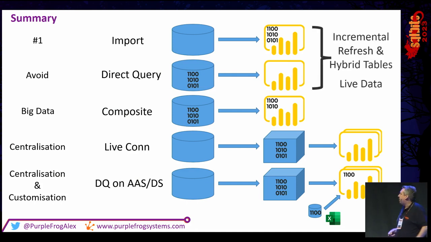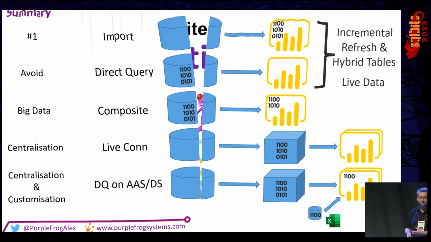And now we've got the incremental refresh and hybrid tables that give you the real-time data with good performance that you've never had before. Your problem is now which of these models do you use for any given project? And that's why I wanted to go through these different options, so you've got the building blocks to decide which is right for each scenario. And there is no single right answer. It's up to what is right for each individual particular data set or workspace.